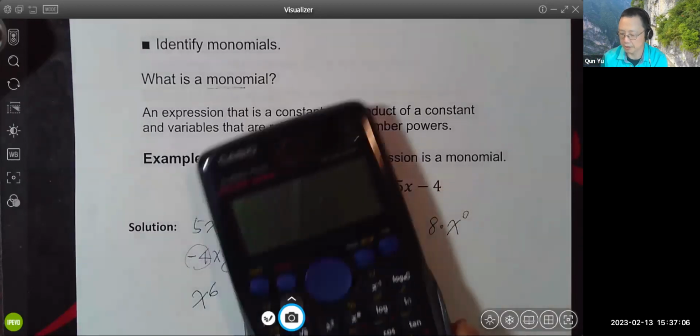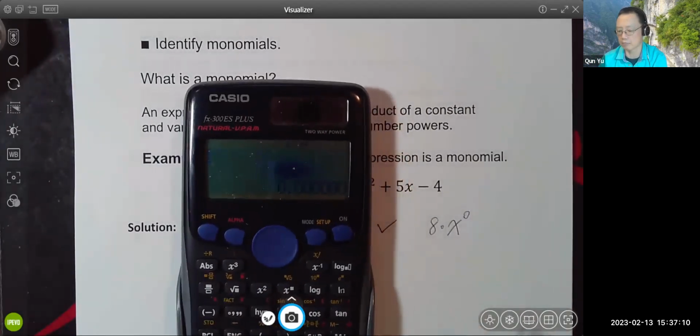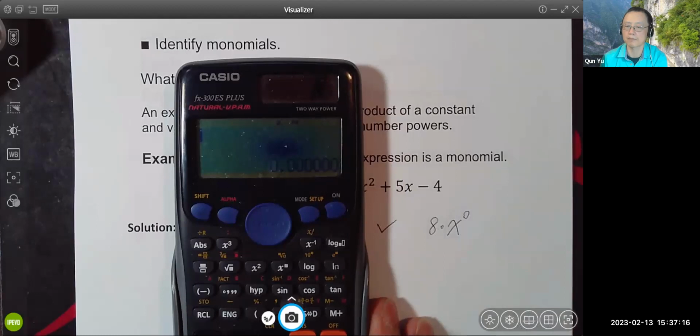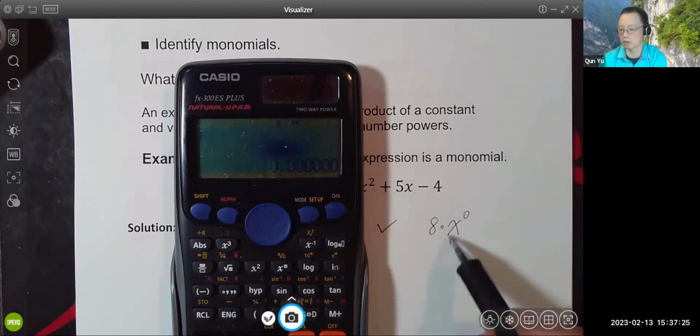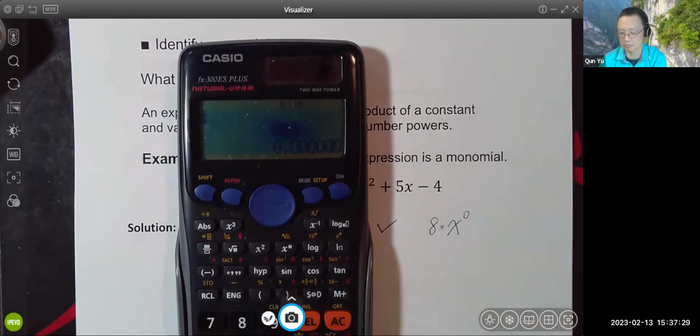Now I'm going to take this opportunity just to show you 2 or 3 examples. Any number raised to the power of 0 is 1. Later on down the road, when we talk about negative powers and operations with exponential expressions, we may have an opportunity to address this in detail. But for now, let's just look at some examples.